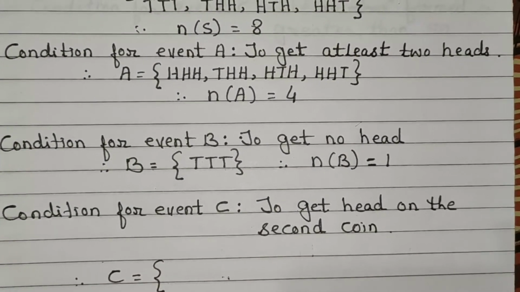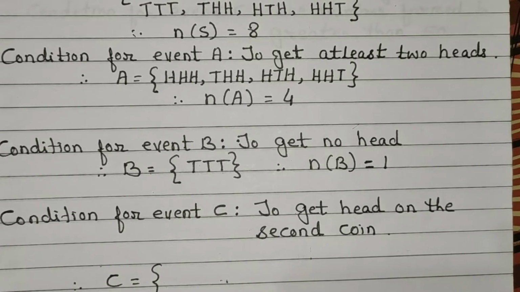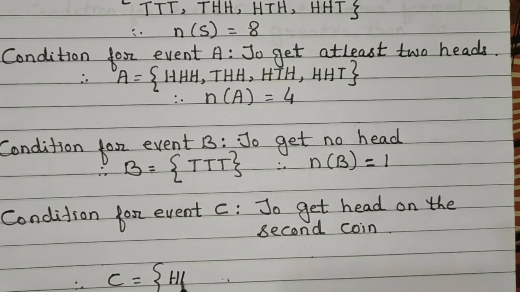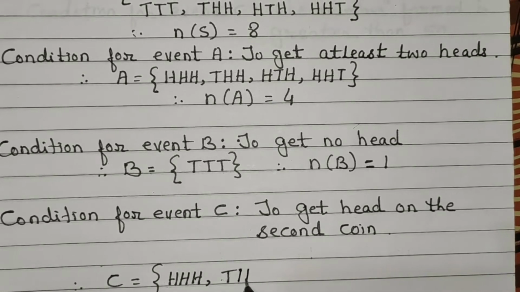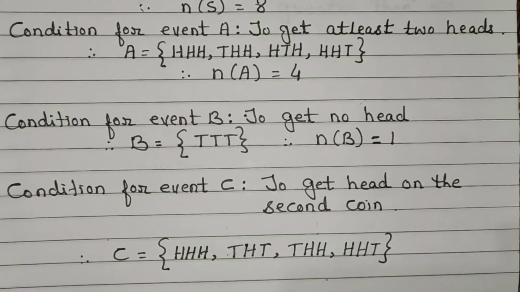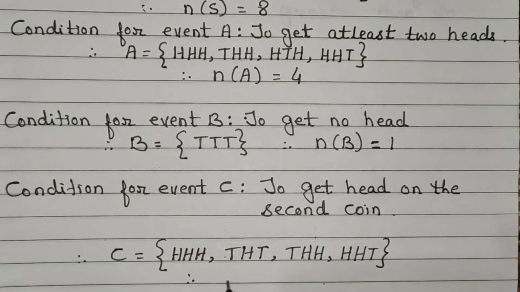C is equal to H, H, H. Next is T, H, T. Next one T, H, H and last one is H, H, T. Therefore, n of C is equal to 4.